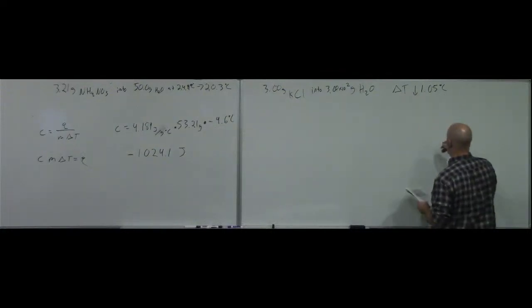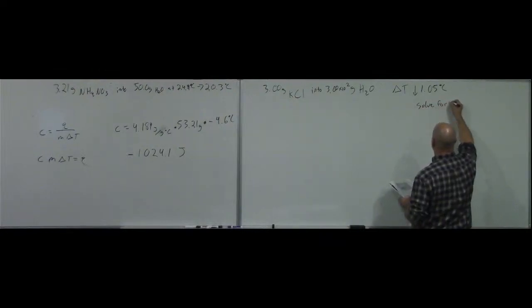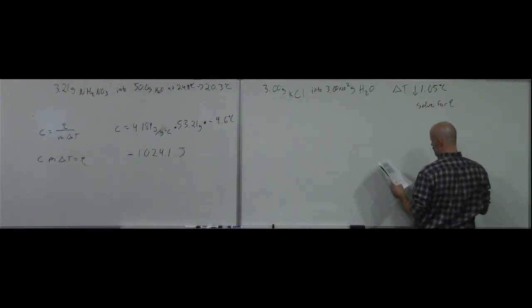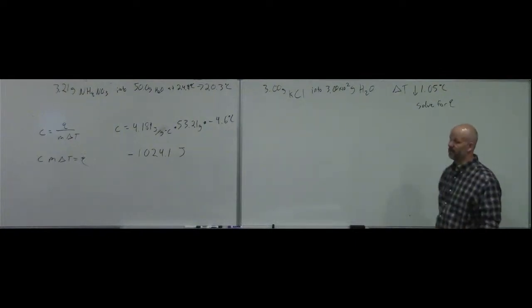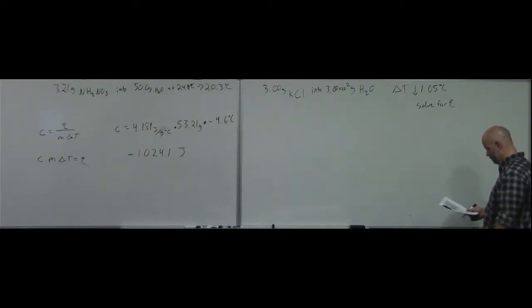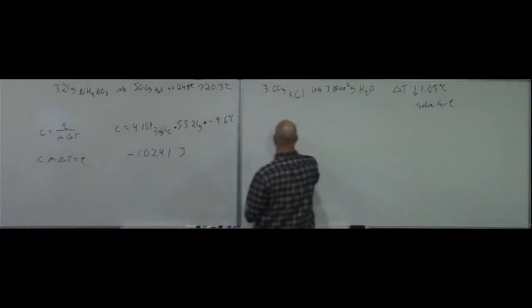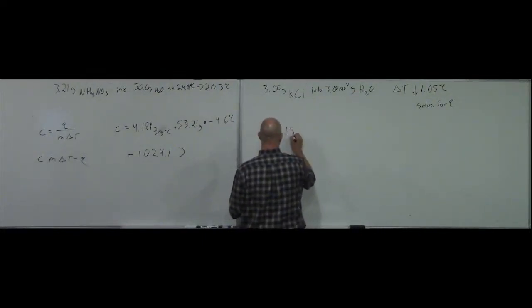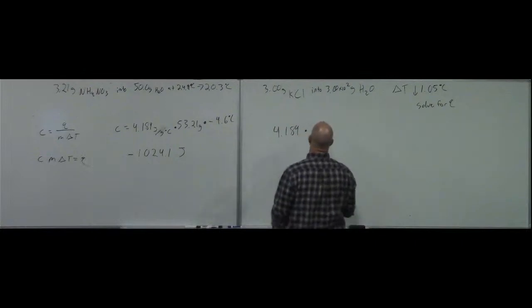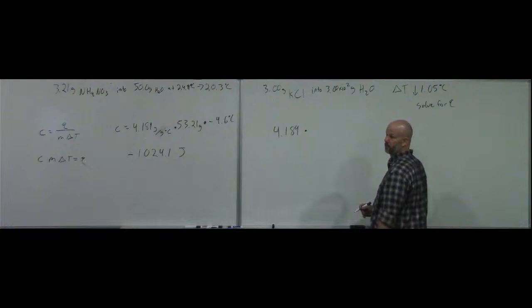I want to solve for Q, right? Well, that's easy, right? We can do that. So it's Cm delta T. 4.184 times, what's my mass? 303 grams.